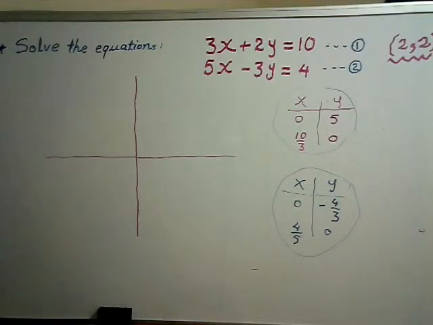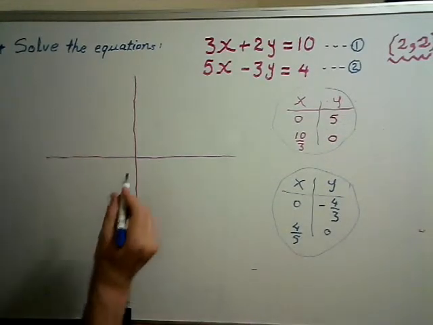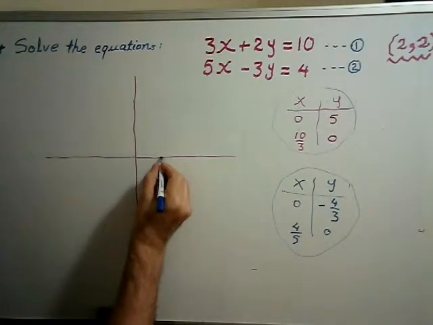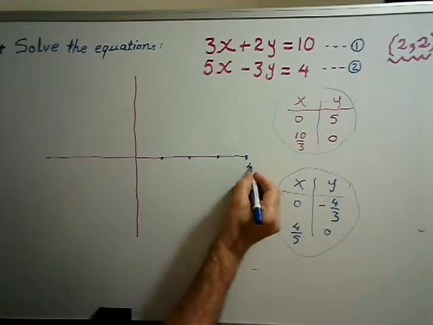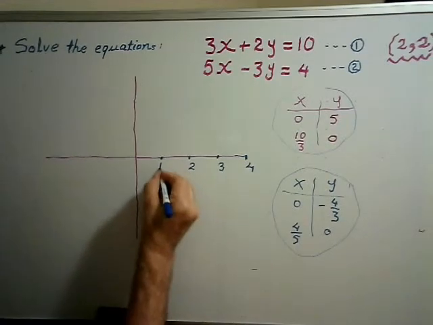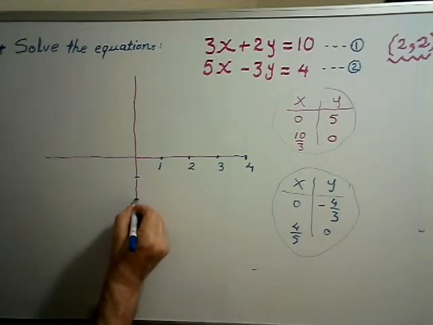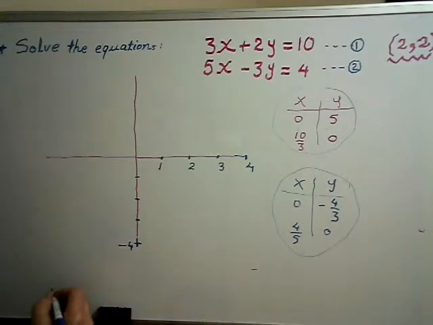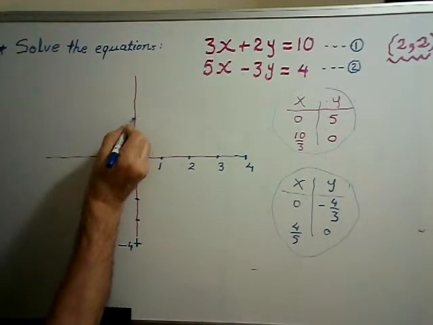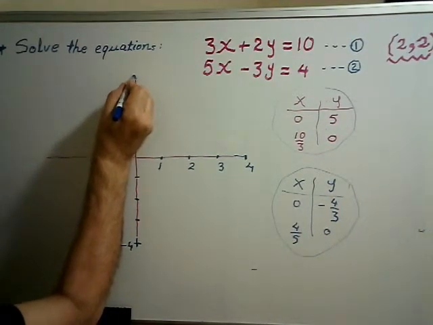Also, I will do that here. First on the x-axis, let me see, this is 1, 2, 3, 4, negative 1, negative 2, negative 3, negative 4, and on the y-axis 1, 2, 3, 4, and 5.